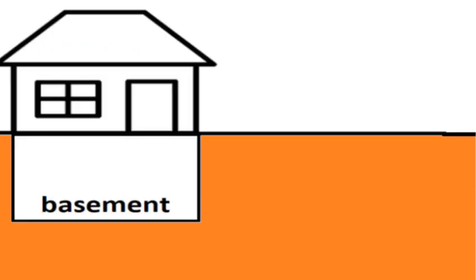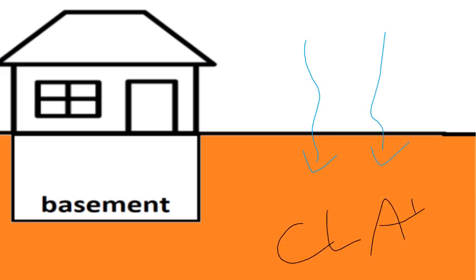Well, think about our houses here that are mostly built on top of basements. If we have precipitation that falls into the ground and we have a lot of clay in our soil, the water doesn't like to infiltrate through the clay that easily. So the water that is trying to get through the clay closer to our basement might say, hey, it's a lot easier for me to seep through the concrete than it is to go down through the clay.